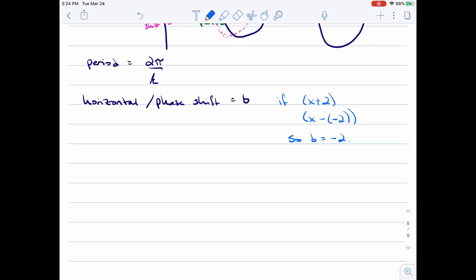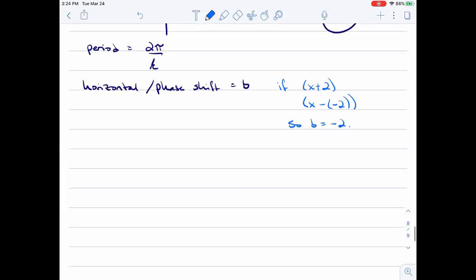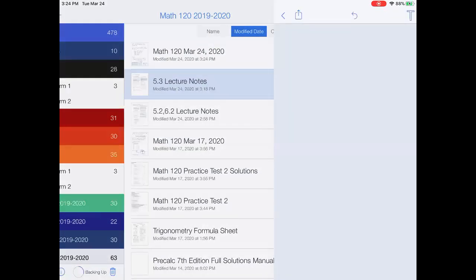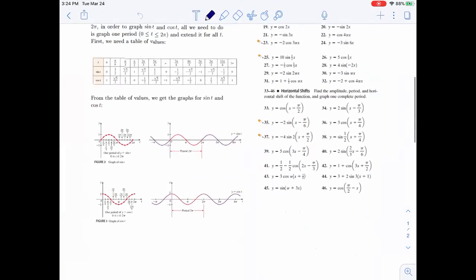Let's see here. What do we want to do? Let's see, I really don't think you'll have to graph that much, so I just want to do a couple maybe from here on out.